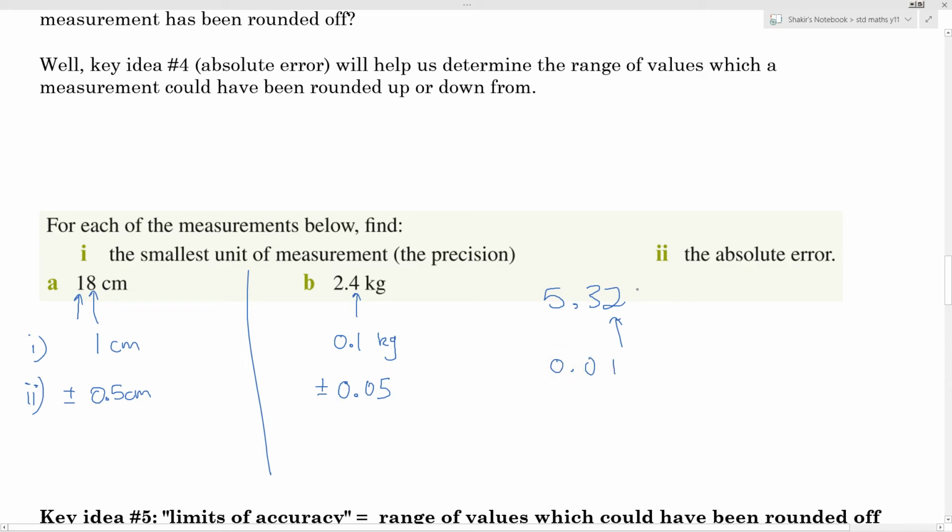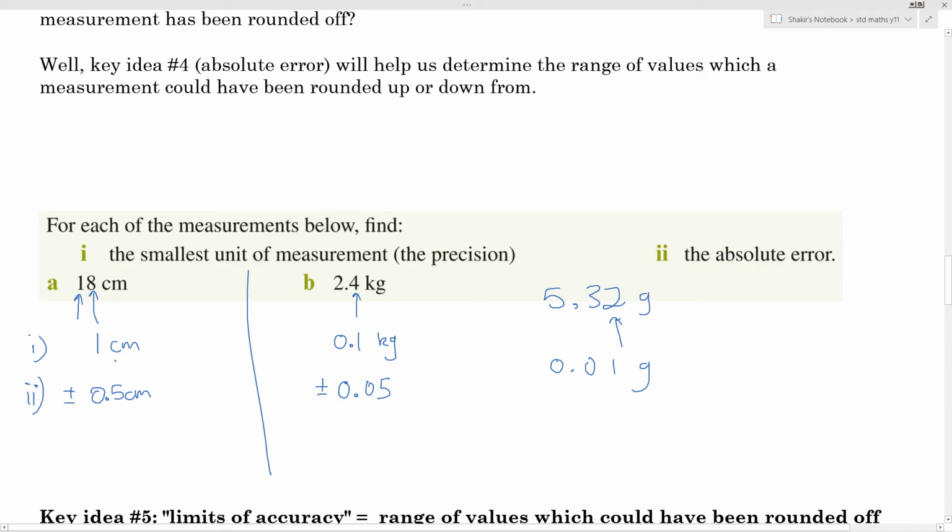And I don't know, let's say that's grams, whatever. So that's how you determine precision. You look at the last number, and you make that a 1, and everything else becomes a 0, more or less, and that's how you get the precision. You half this to get the absolute error, and you put a plus or minus at the front of it.